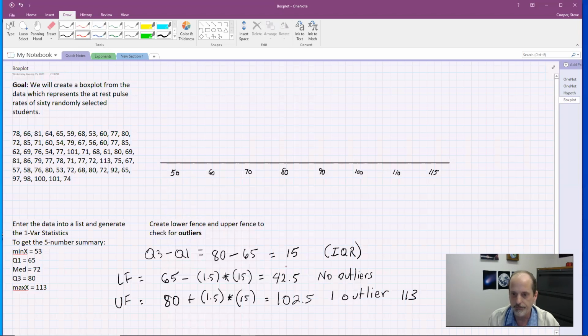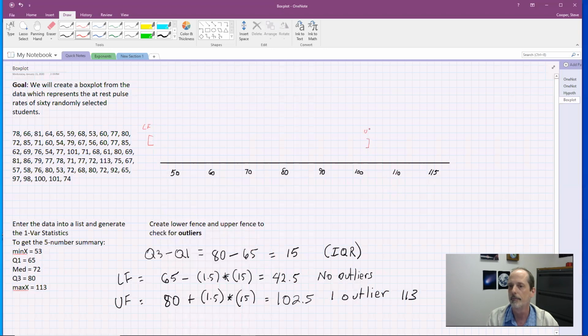So I'm going to try and find my lower fence of 42.5, so that's somewhere over here. And my upper fence of 102.5, so that's 102. So just a little bit past that is going to take me to my upper fence.